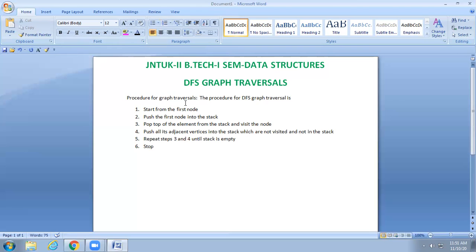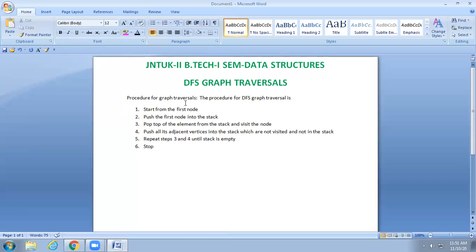So what is the procedure? Start from the first node, push the first node into the stack, then pop the top element from the stack and visit the node. Push all its adjacent vertices into the stack which are not visited and not in the stack.